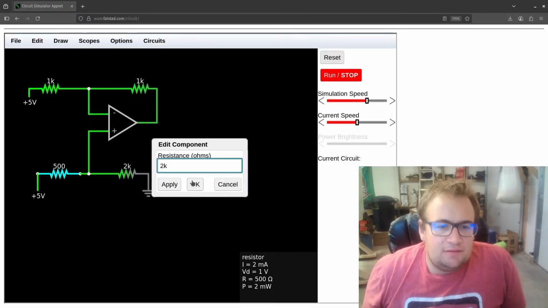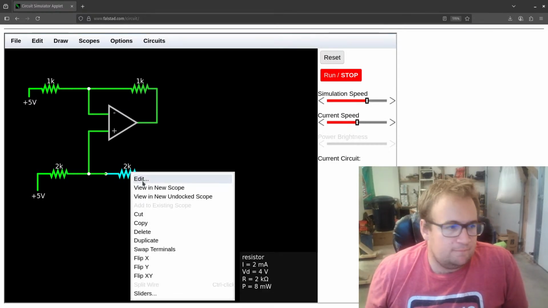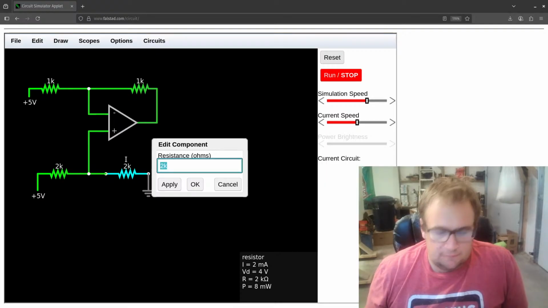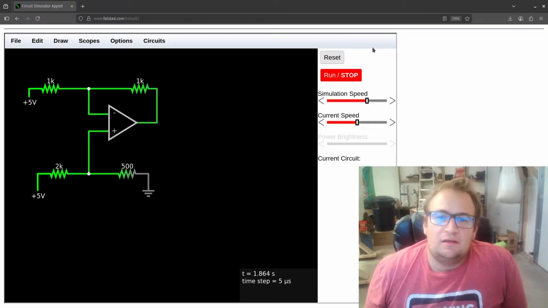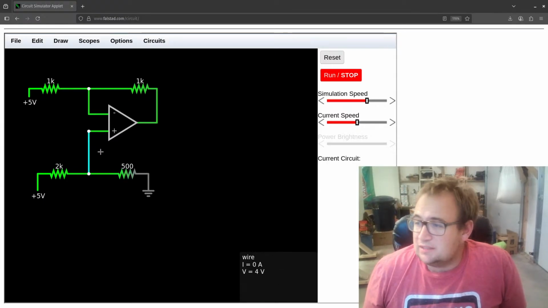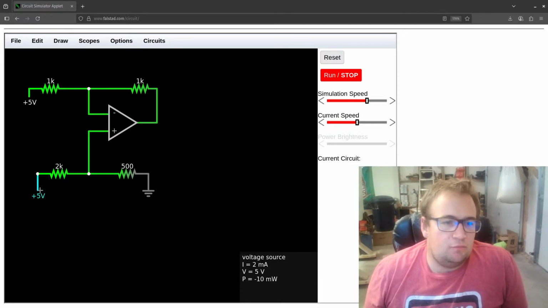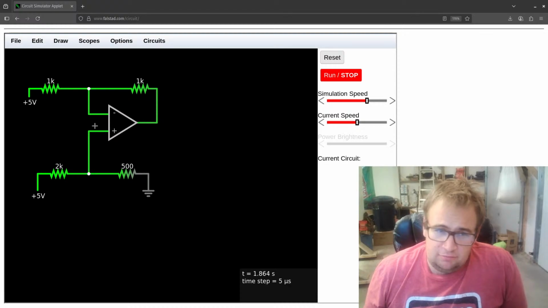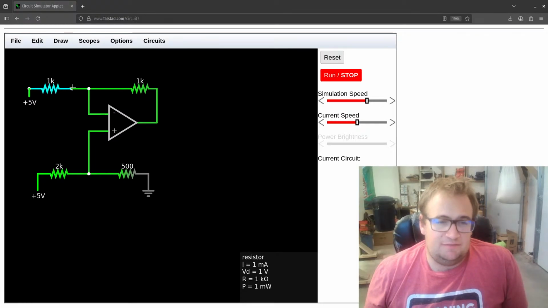move it around. Okay. Now we're basically flipping the script here a bit. We are going to have only a single volt here now. So 1 volt. That means 4 volts will have to be dropped across here. That means 4 milliamps.